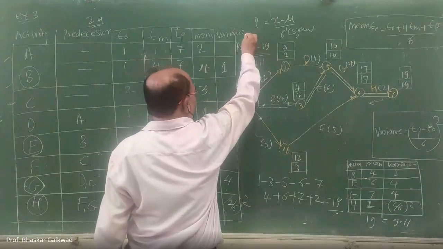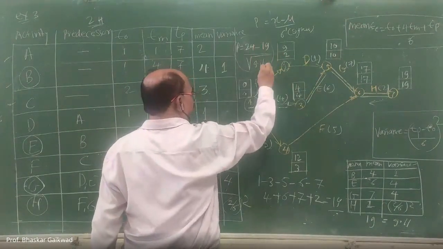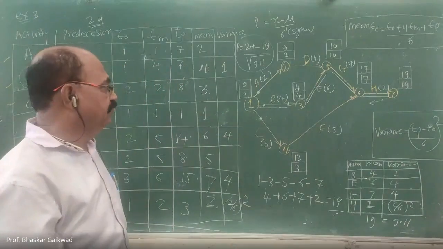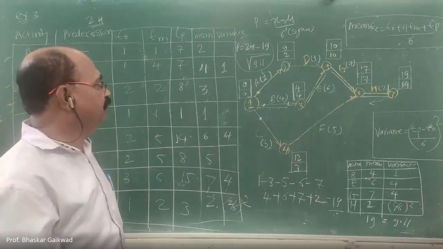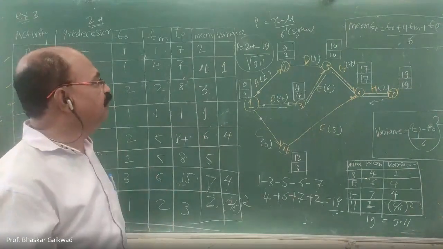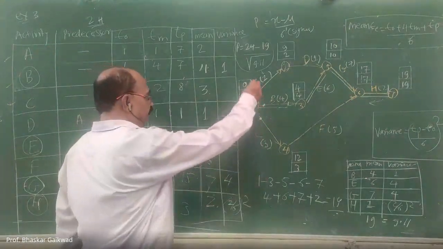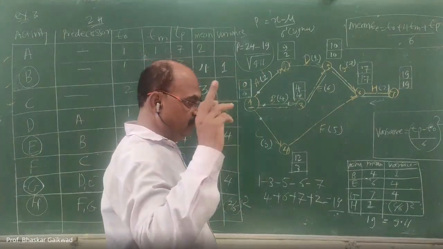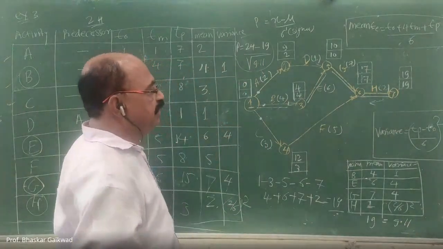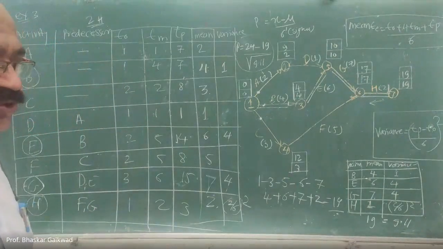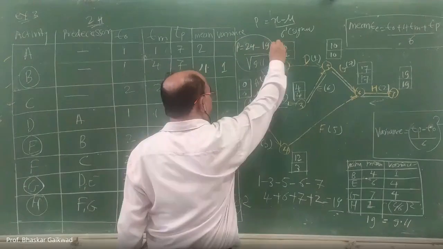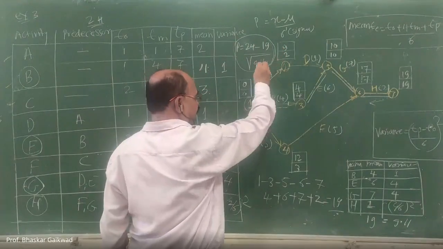By using this, whatever value comes, you go to the standard probability distribution table and find out the probability from that table.